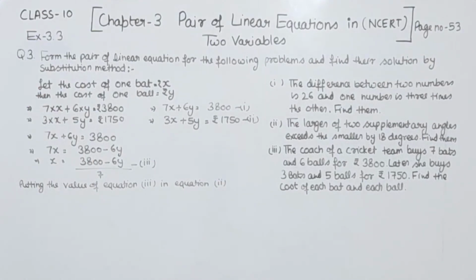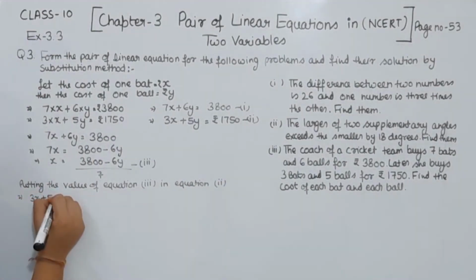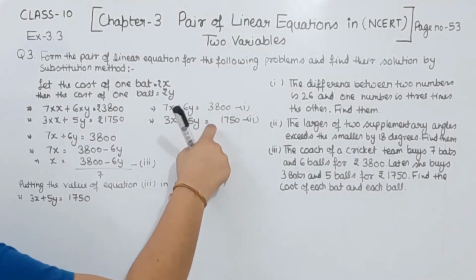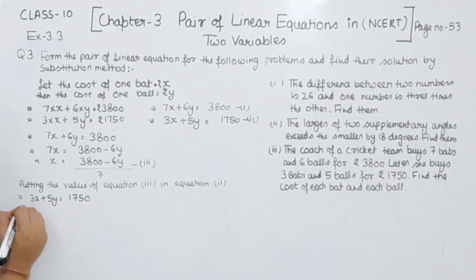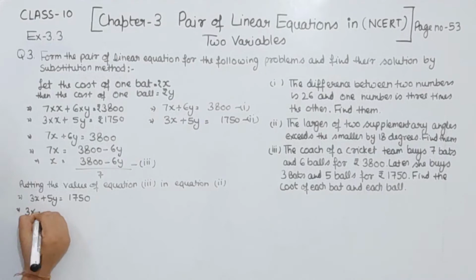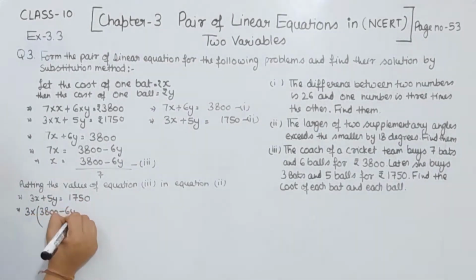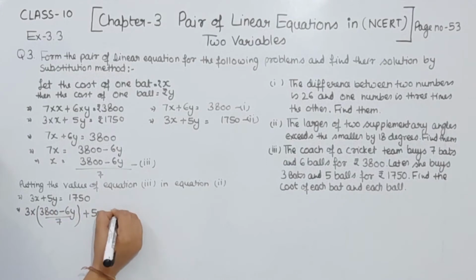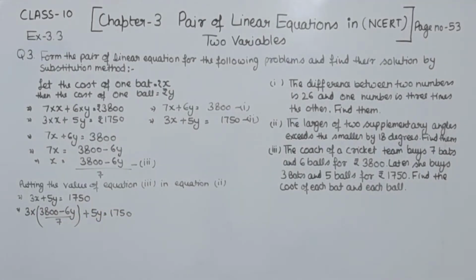So equation number 2 is 3x plus 5y equal to 1,750. Here I'm going to put the value of x. So 3 multiplied by the value of x, which is 3,800 minus 6y divided by 7, plus 5y is equal to 1,750.